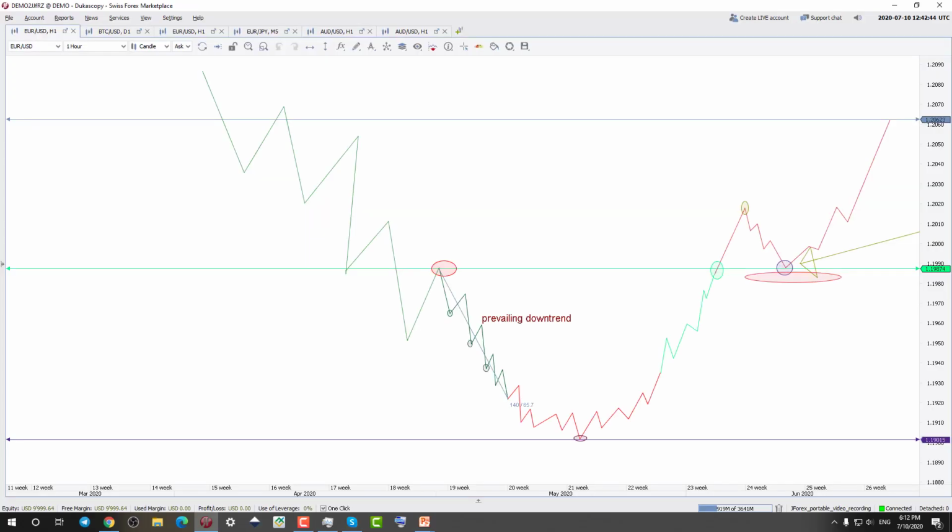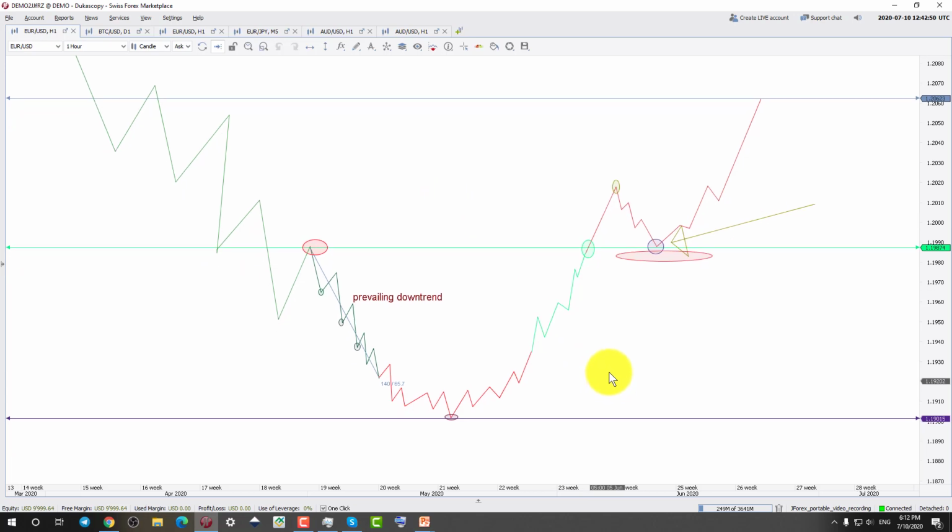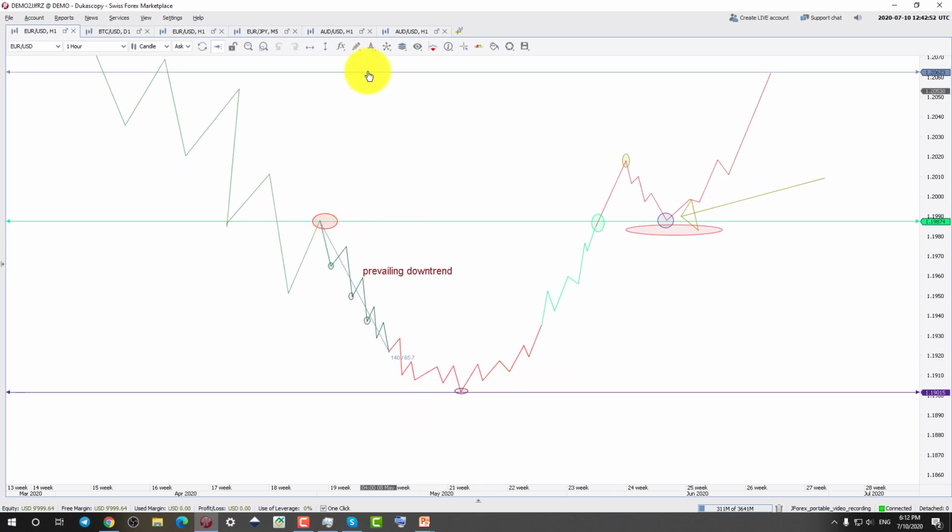Friends, before I start the rounding top, I just wanted a quick recap of the rounding bottom, which will help us in understanding what the rounding top is. Now this pattern in front of you is called a rounding bottom. It is also known as the saucer pattern because it takes the form of a saucer like this.